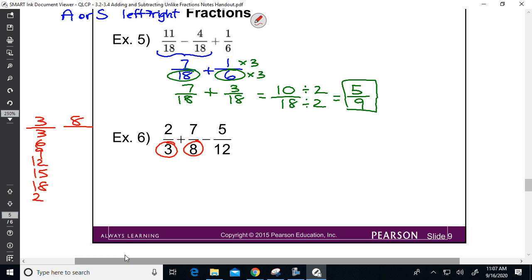You don't have to list out the multiples unless the problem specifically tells you to. I'm pretty confident some of you can do the multiples in your head. But if you need to write them out for yourself, do that.